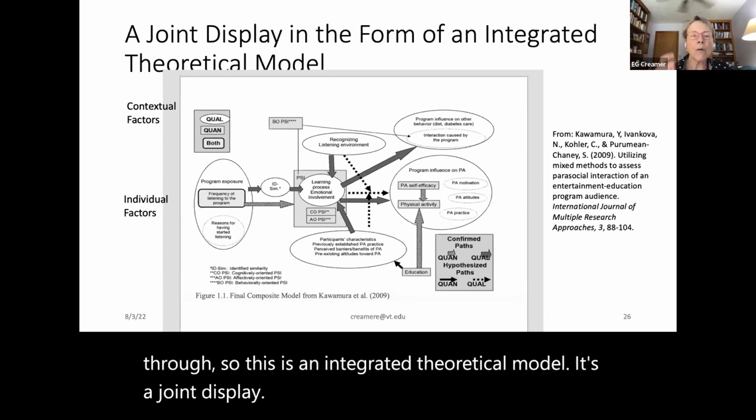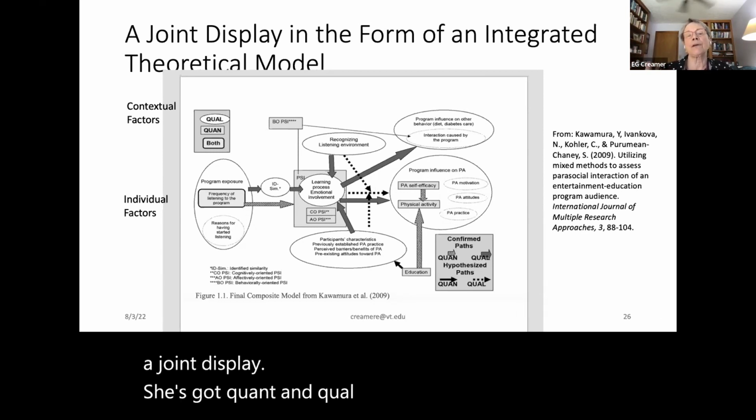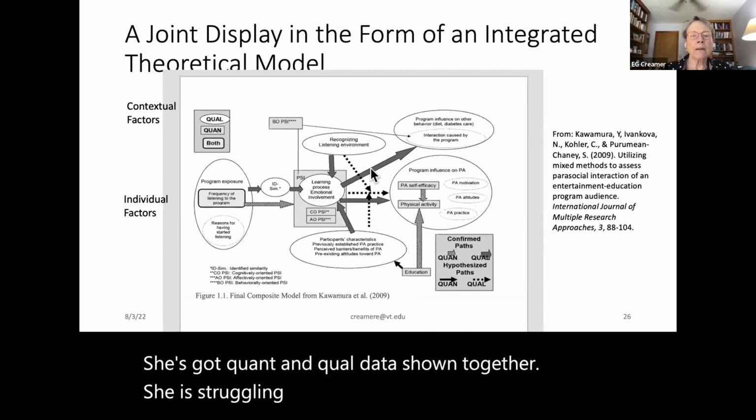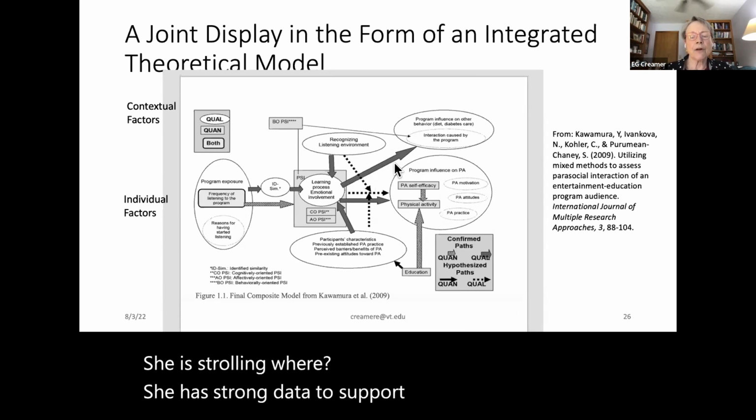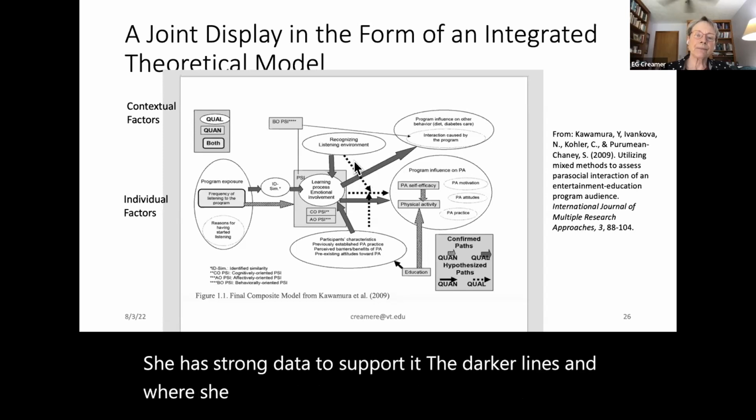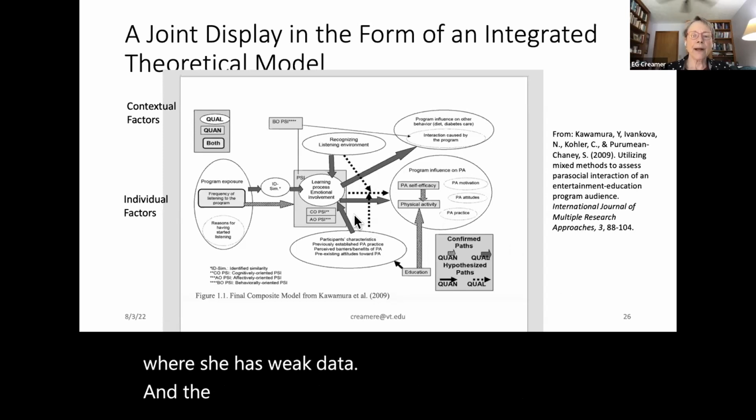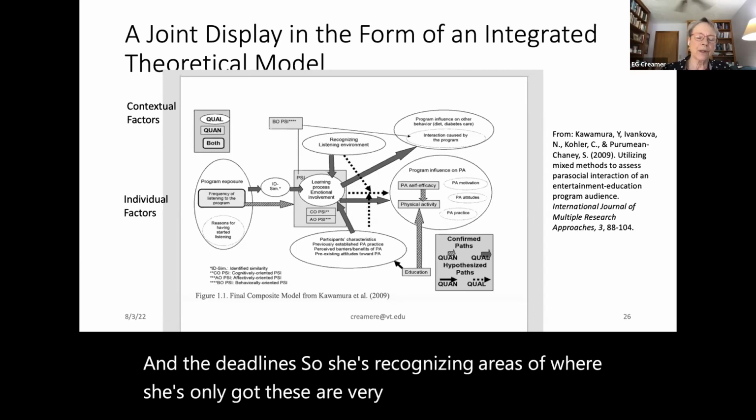She's got quant and qual data shown together. She is showing where she has strong data to support it, the darker lines, and where she has weak data, the dotted lines.